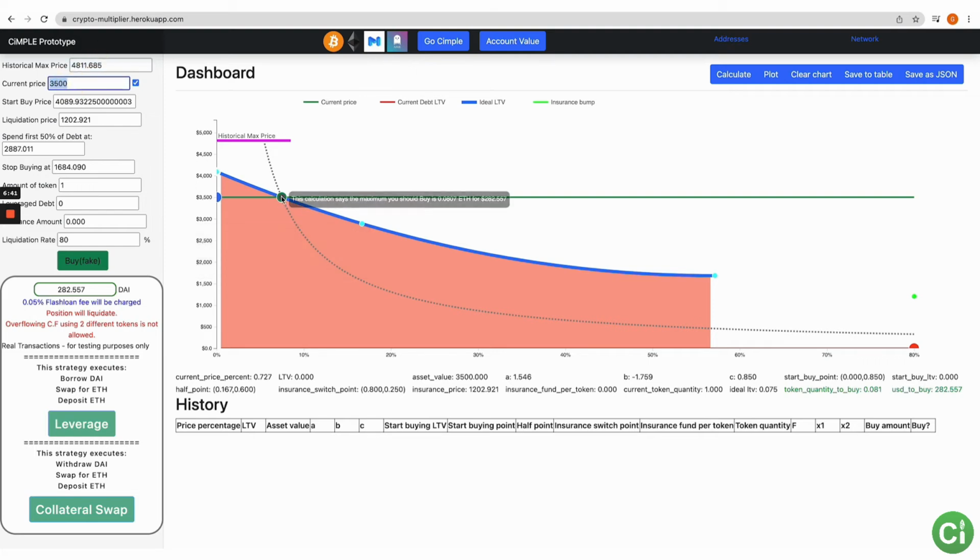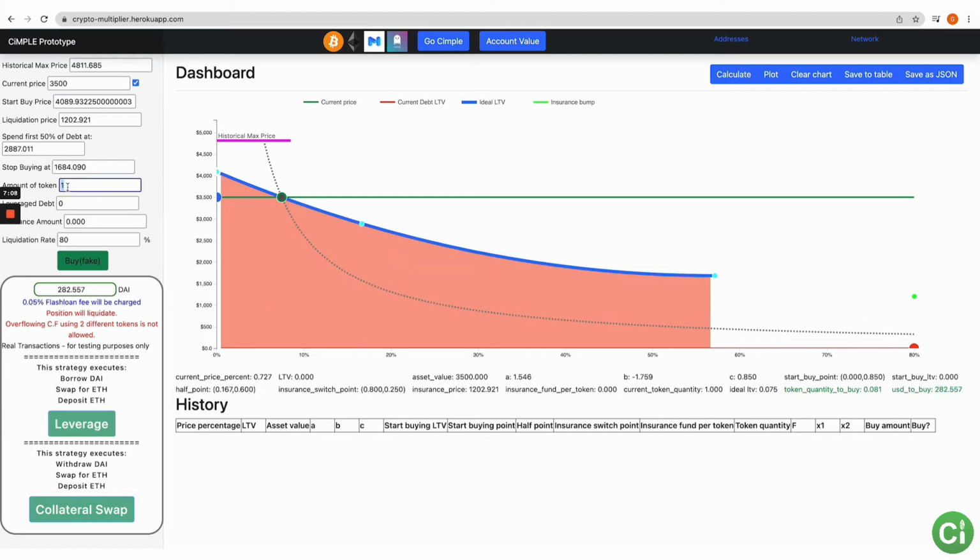And so we're doing a fake purchase here, and you can see this dotted gray line will tell you if you took on this $282 worth of debt, then this dotted gray line shows you what $282 worth of debt is as a loan-to-value percentage. See the loan-to-value percentage down here at the various price points. As the price drops, the percentage loan to value increases because the value of your assets decreases.